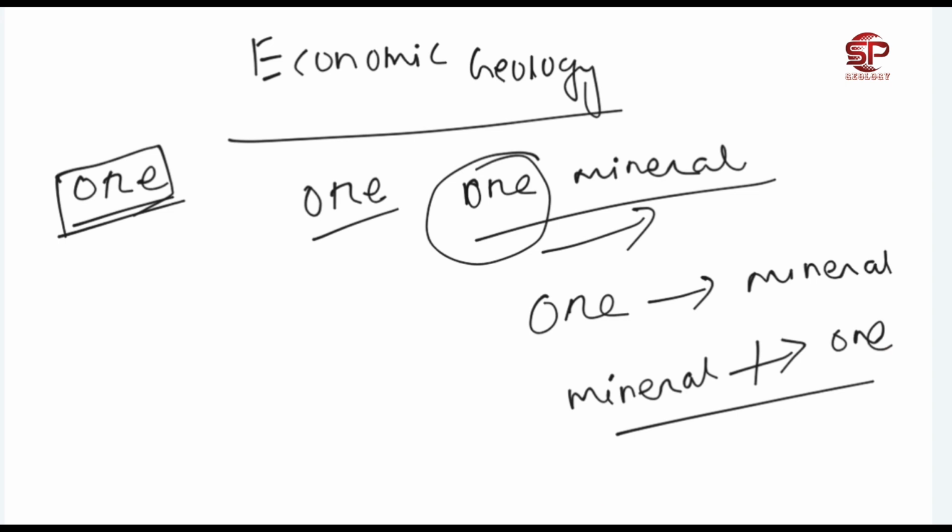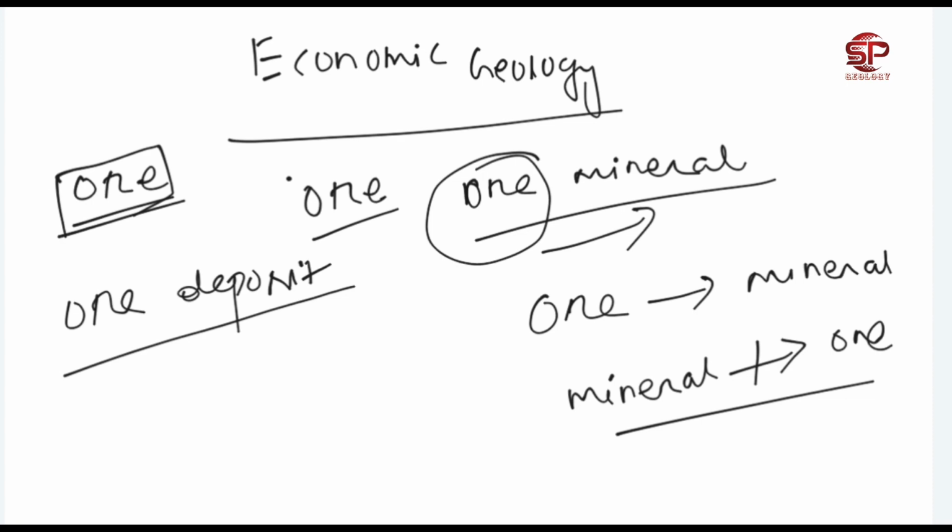Then what is an ore deposit? Ore deposit means it is a region, you can say. It is a type of rock or bed or anything where a particular metal has greater concentration.